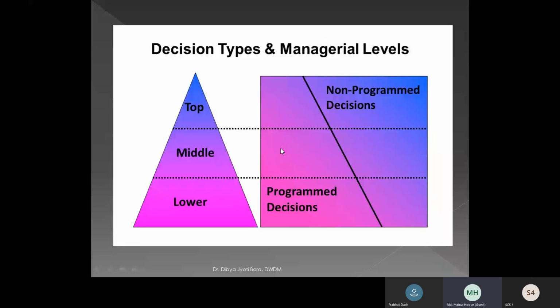Yes, sir. As per this diagram, the lower pyramid means the decisions we are making at the lower level are not that complex compared to the top level. So what about this middle level?